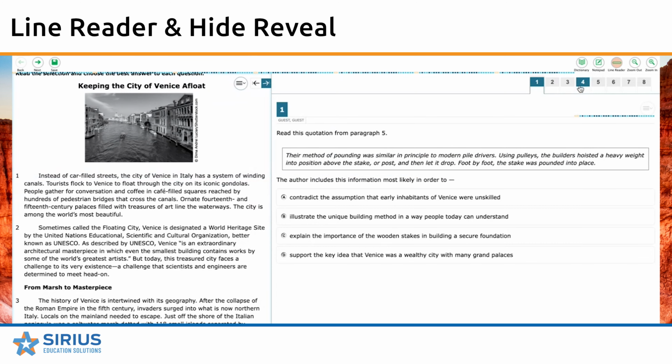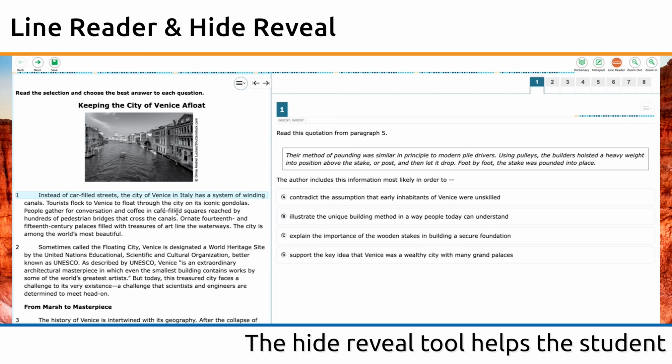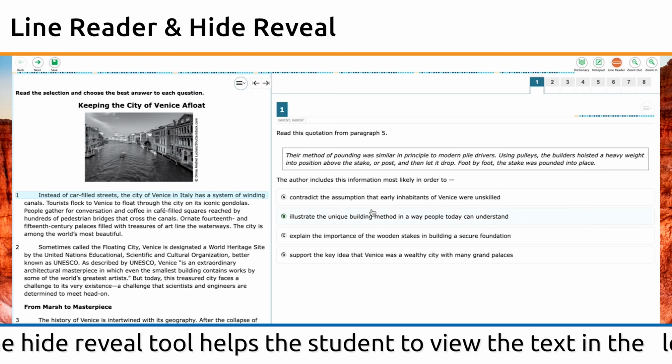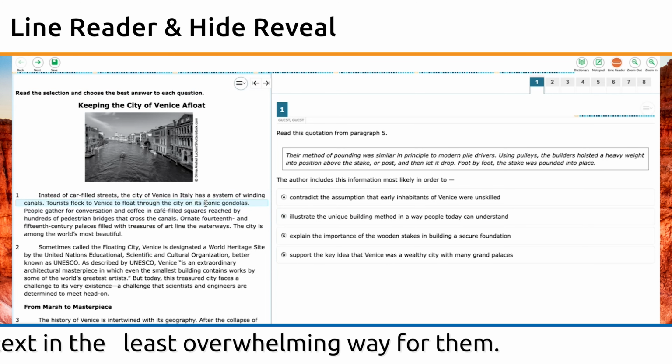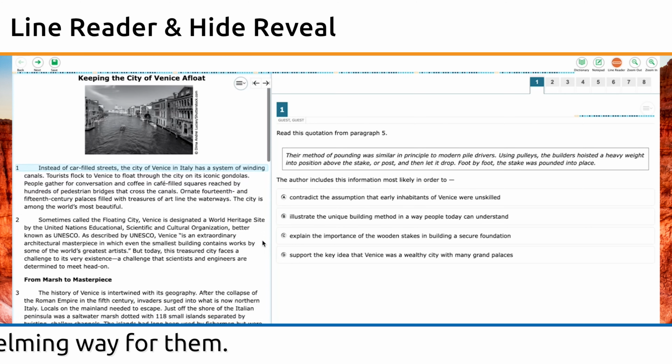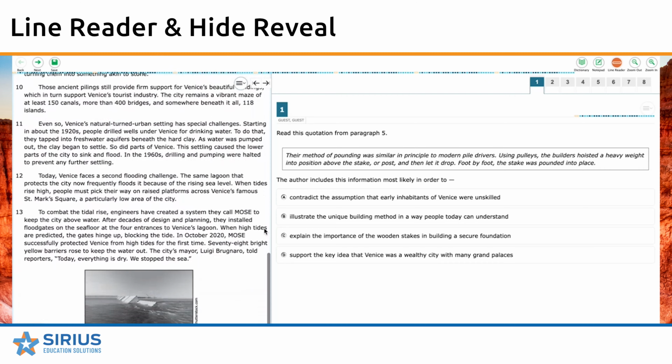If I put that back here and turn the tool back on again, notice that can also cause frustration if students are trying to move back and forth between finding something in the text and looking at a question. So what I see now is the lines are much shorter, and we see that bar over here means that it looks like the text is longer.